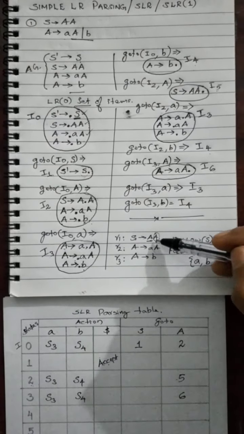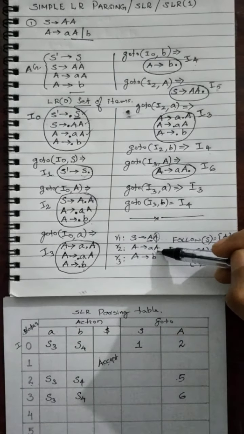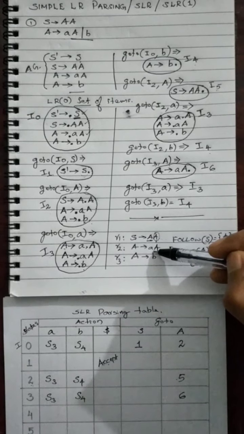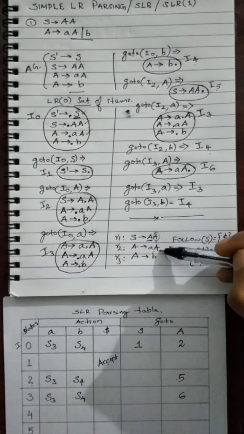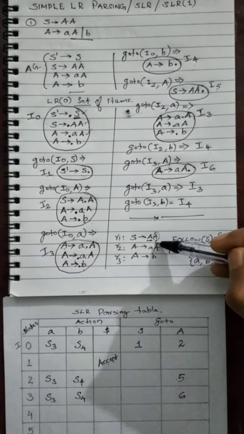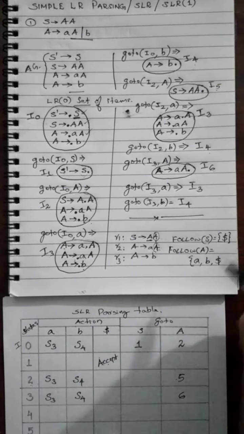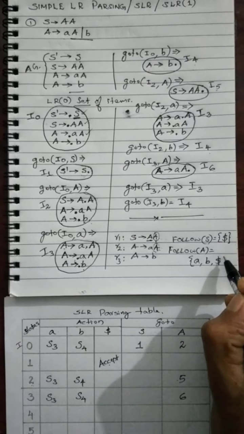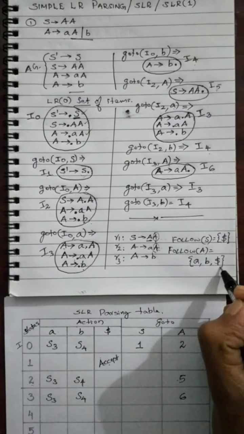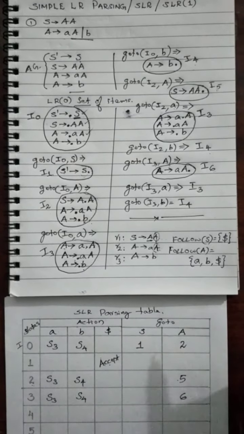Now there is another production wherein you can find capital A on the right hand side. Based on this production, follow of A is again follow of A, which is what we are trying to find, so there are no new symbols. So these are the different symbols.